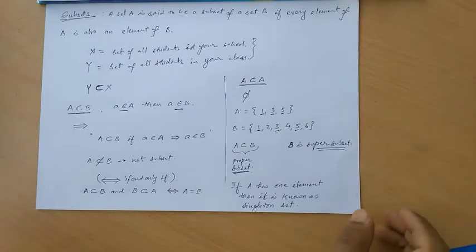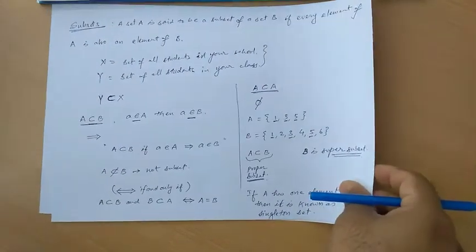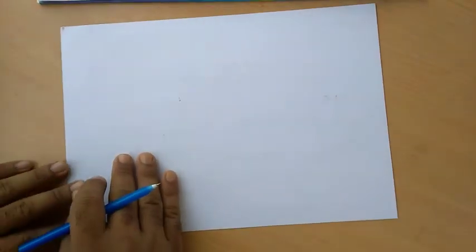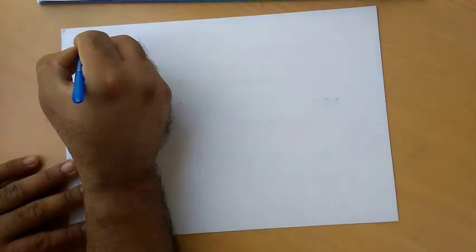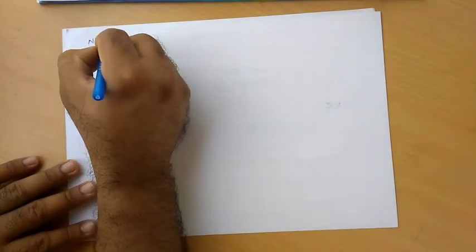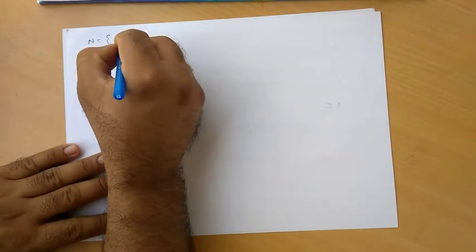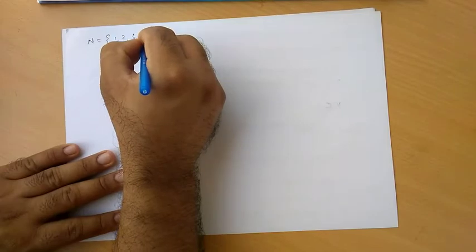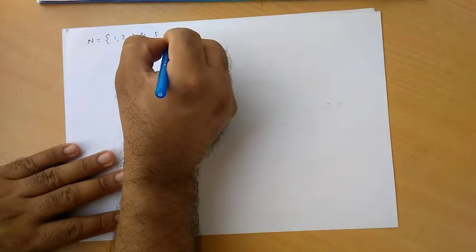Now we will move to the next point, that is the subsets of the set of real numbers. We know that the set of natural numbers is given as 1, 2, 3, 4, 5 and so on.